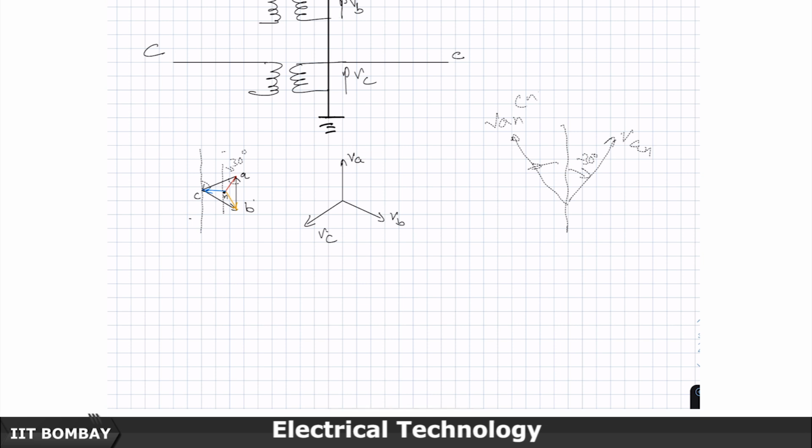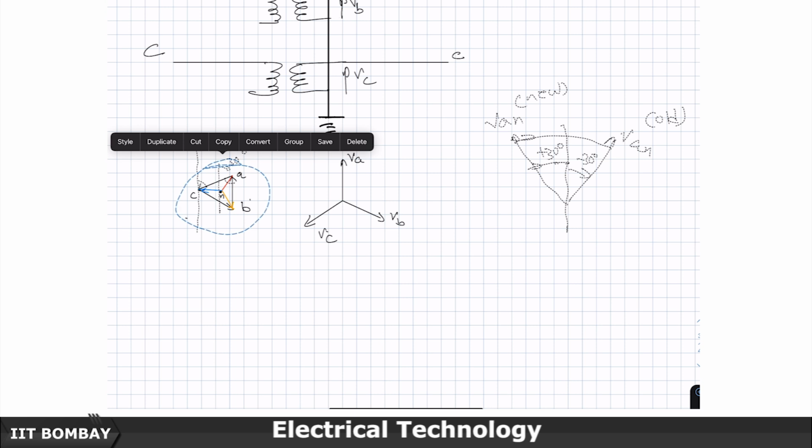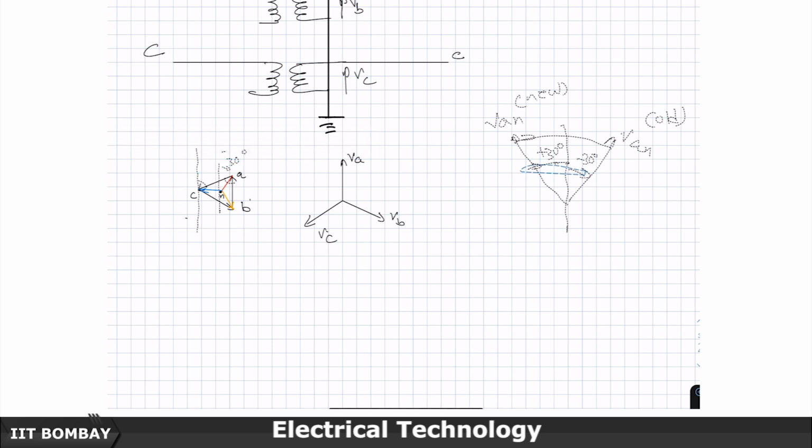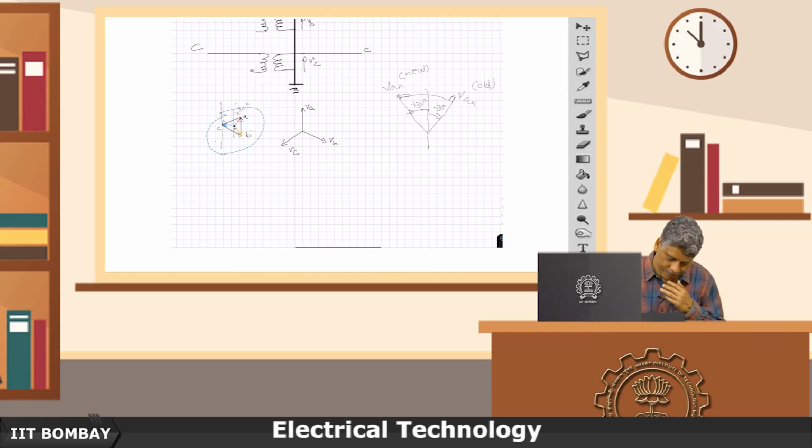Now in the new one, this is my old one, and make this plus 30 degrees. So I should be rotating how much? I should be rotating this triangle, this whole thing hinged at the neutral, I should be rotating it by 60 degrees. Is it not? I should be rotating this whole figure by 60 degrees.